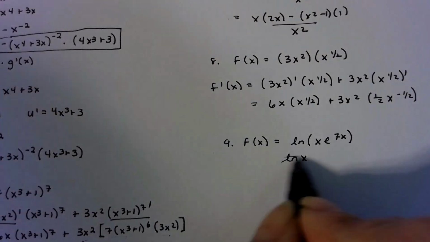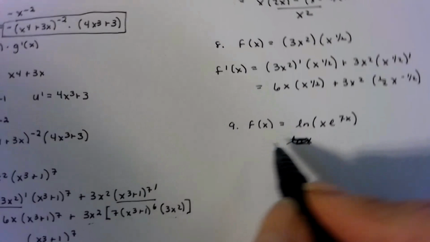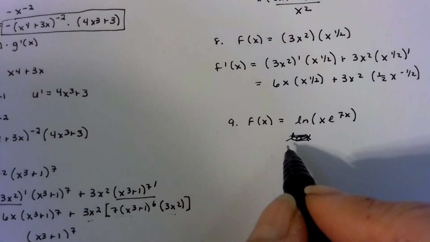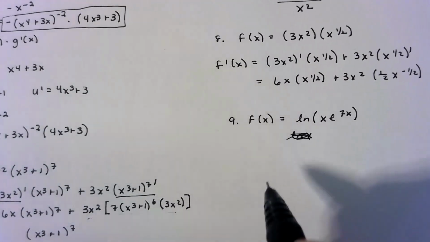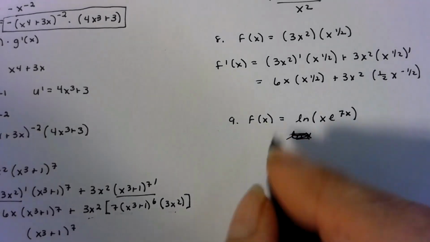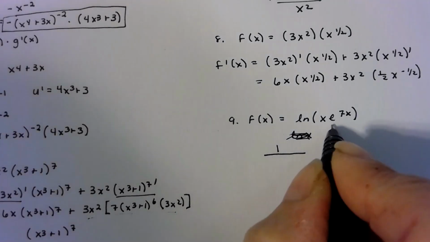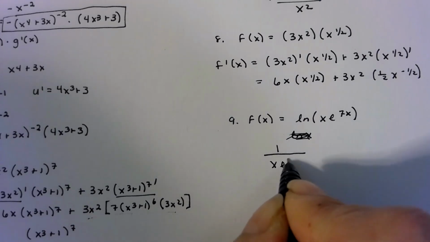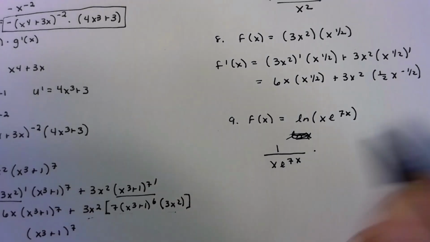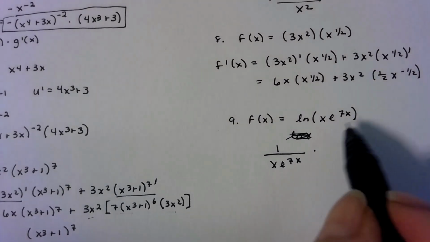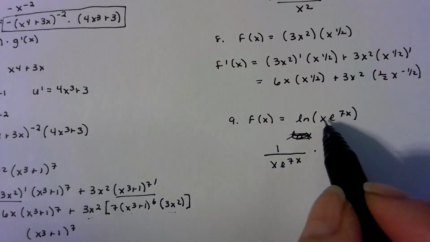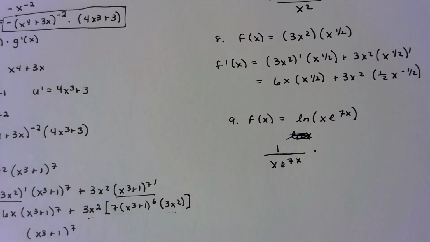I have to take the derivative of the outside, and I know that the derivative of the natural log of x is 1 over x. So I'm going to write it as 1 over x, but instead of writing the x, I have to replace that with the stuff inside, times the derivative of the inside. Well, the inside is a product. It's x times e to the 7x.